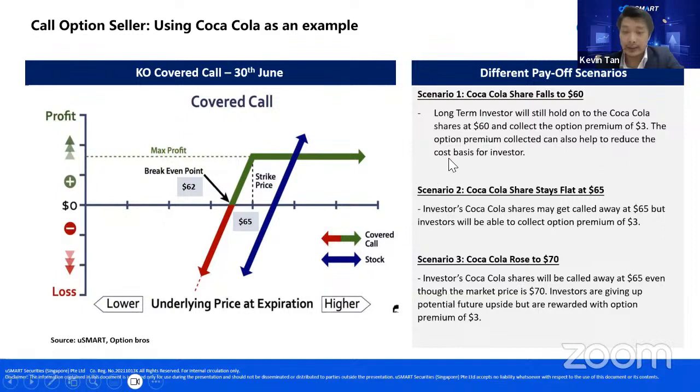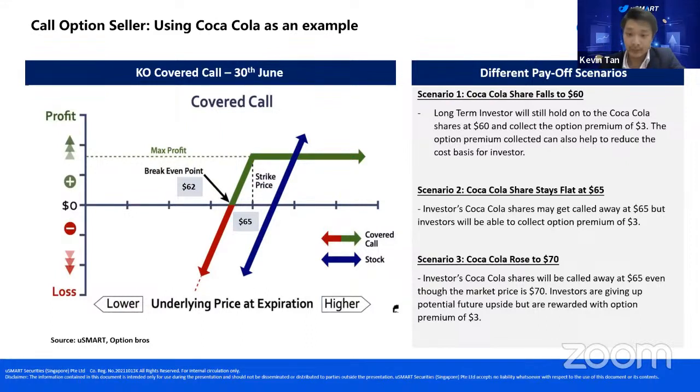And the option premium that you collect can also help to reduce your average cost, because having bought at $65, you will have the $3 premium income to reduce your break-even point to just $62.